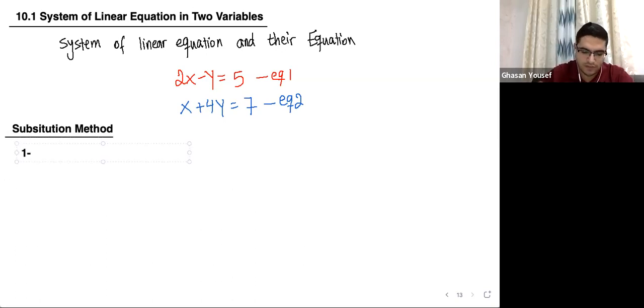The first one is solve for one variable in terms of the other variable.